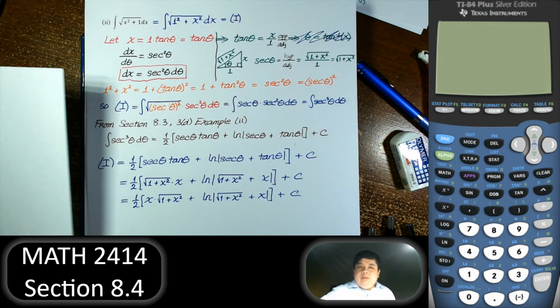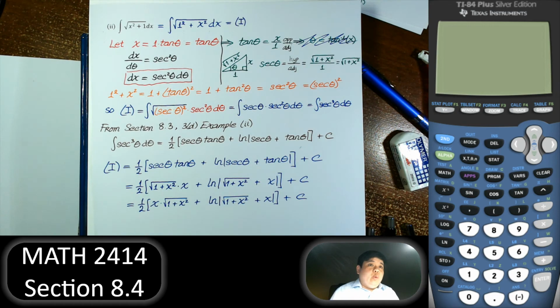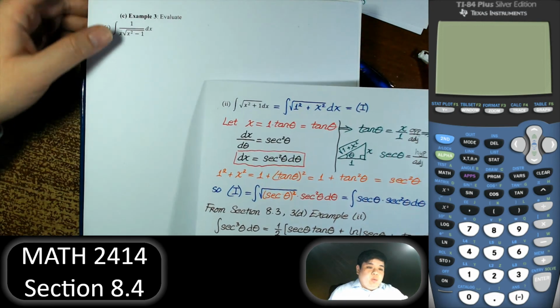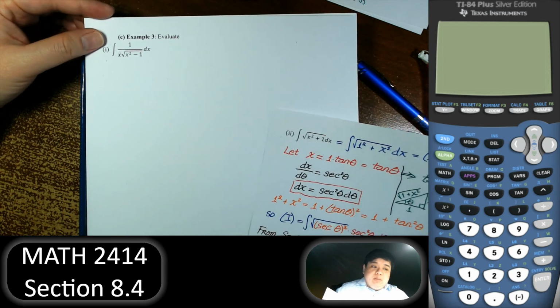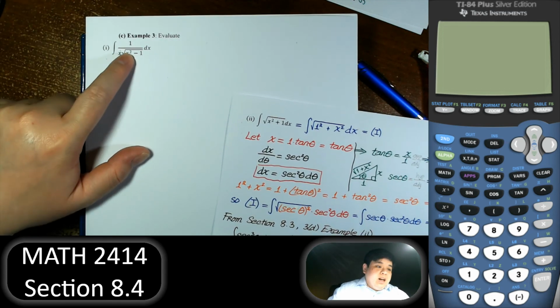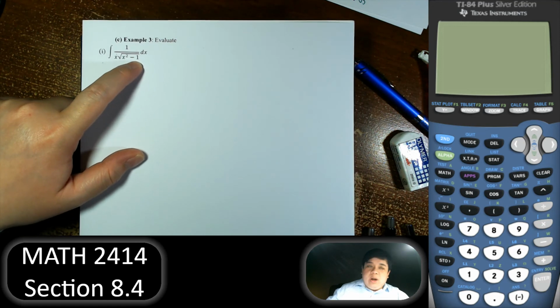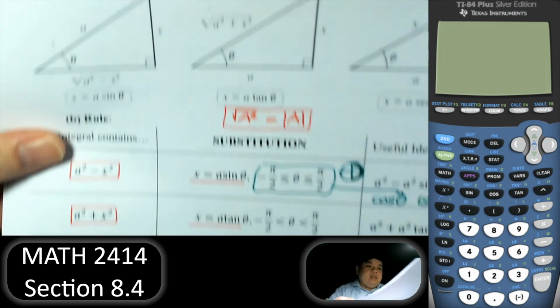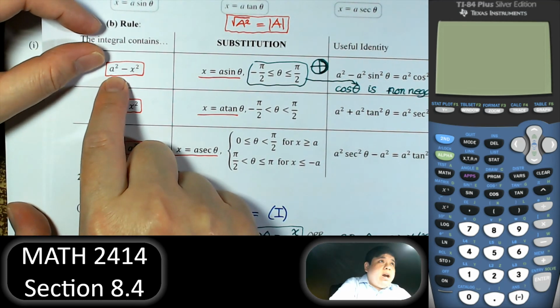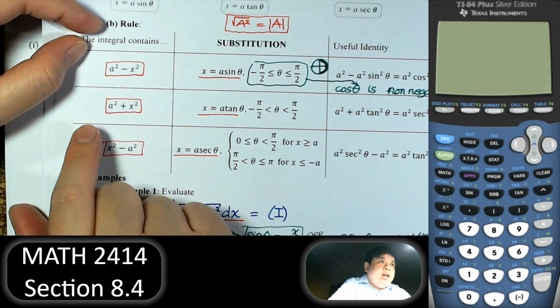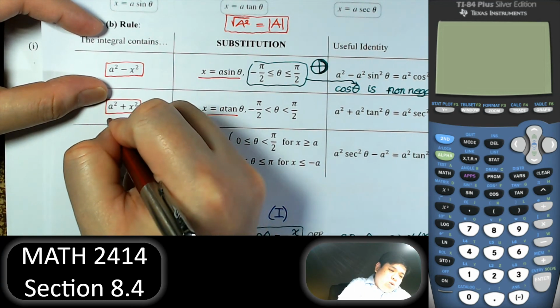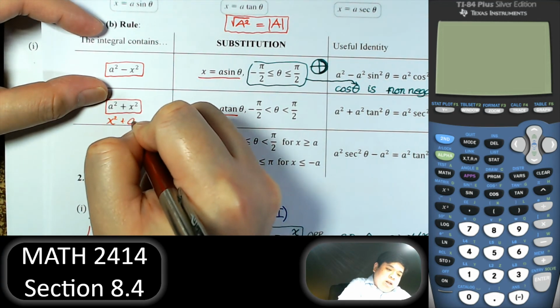Right, so that's case number 2, where we have a constant square plus x squared. Now we just need to do one example for case number 3, where we have x squared minus a constant square. So again, 3 cases: constant square minus x squared, constant square plus x squared. Of course, when we write it like this, we can also write x squared plus a squared.